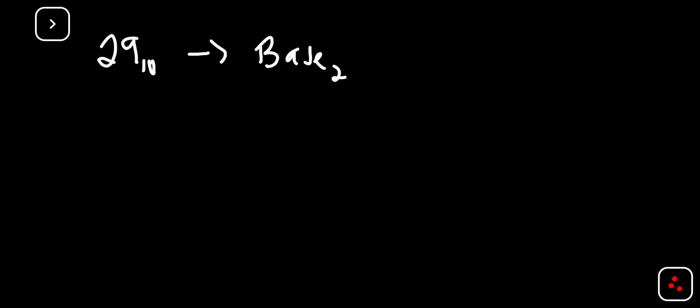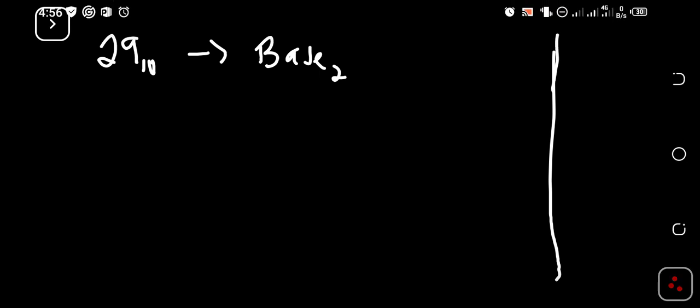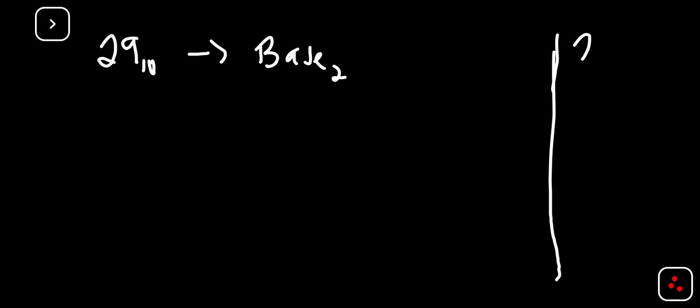Now to convert to base 2, what we're going to do is to divide continuously with the base. So before we were multiplying continuously with the base, we'll now be dividing continuously. So we'll have 29 base 10 here, then we have 2 divide 29. I would like you to follow this pattern closely. We're going to be taking the remainders, that is what will form our base 2 value.